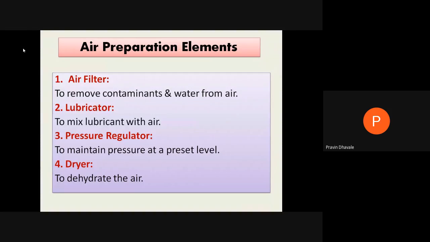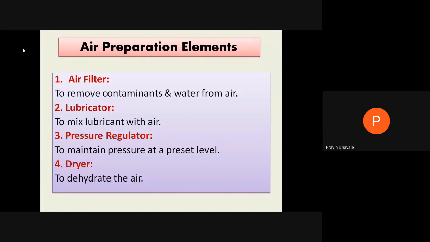So in order to provide that preset level of pressure, and to maintain that pressure level constantly, you require the pressure regulator. That is, the function of the pressure regulator is to maintain the pressure at the preset level. That is a very important one, preset level.